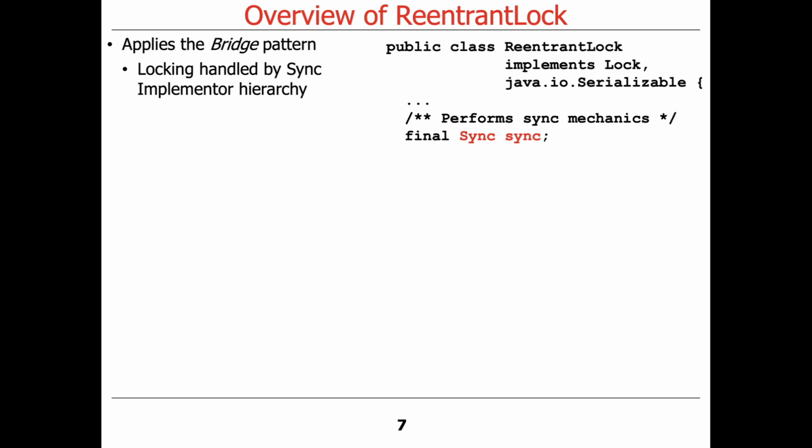Here's how we handle the hierarchy that is used to provide fair and non-fair semantics. There's this class called sync. We'll talk about that in a second. And the ReentrantLock class has a field called sync, just differentiated by the capital letters. The capital one is the class, the lowercase one is the field.